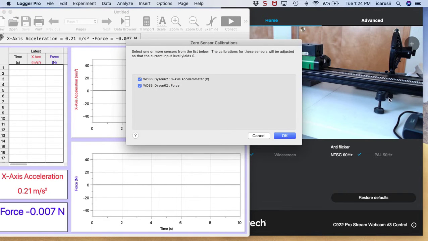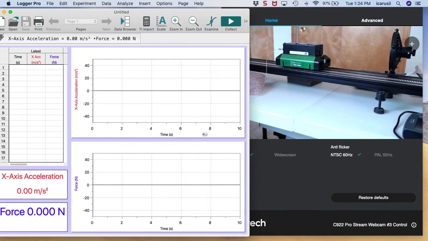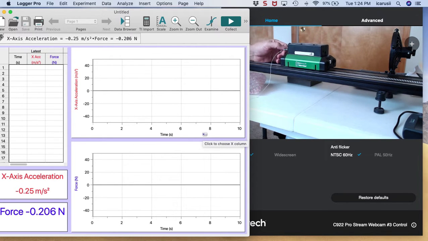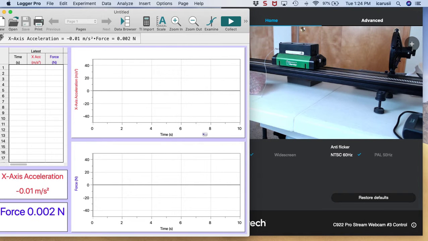The procedure for this experiment is that I have the cart with a hook on it, and I'm going to accelerate the cart through a short distance, and I'm going to compare the force versus acceleration data on this motion. So let me go ahead and set that up.